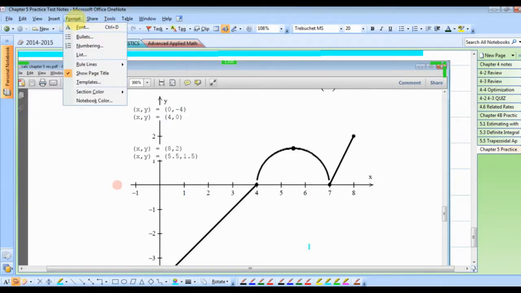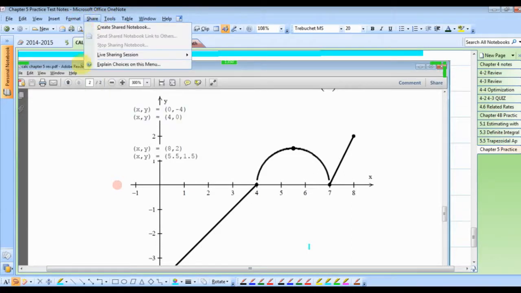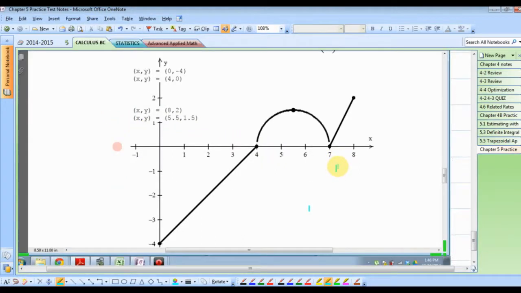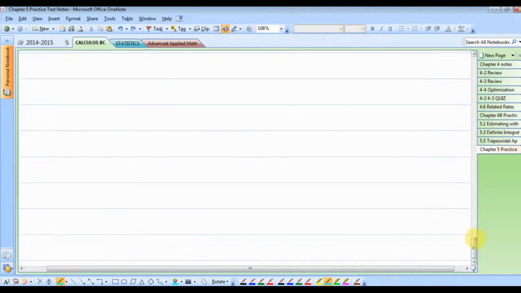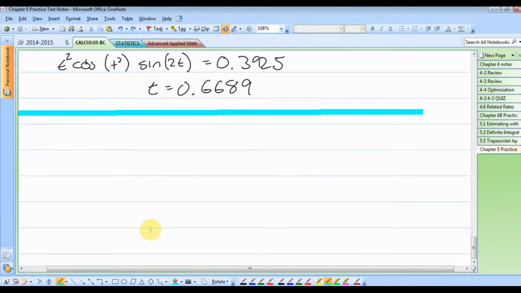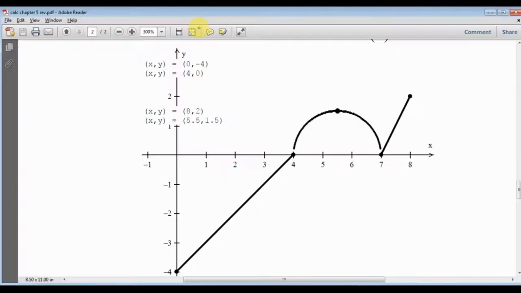Format? I don't know. Crop. All right, this is enough. Is that a picture? Enough of this. I'm going to use screen clipping.